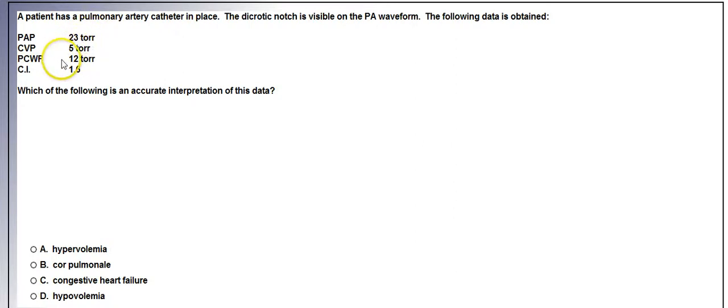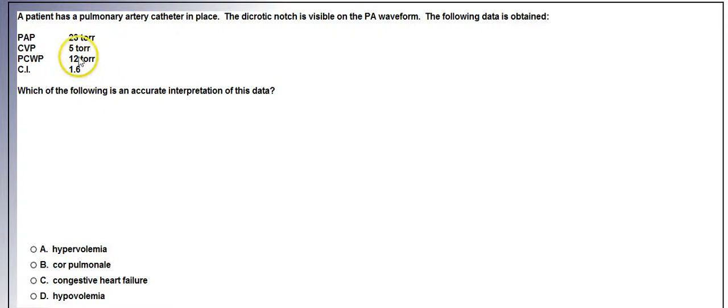So let's go to PCWP. This one is 14, right? PCWP normal is 8. So that's still high. So you're good at that. And then it dropped right here. Okay, cardiac index, that's supposed to be 2 to 5, or 2 to 4. So it dropped right here. That means the disease is on your right heart, the right side of your heart.